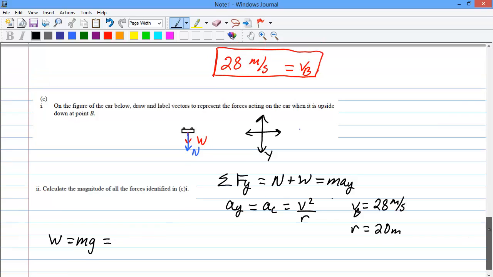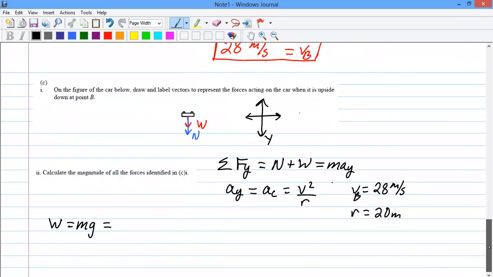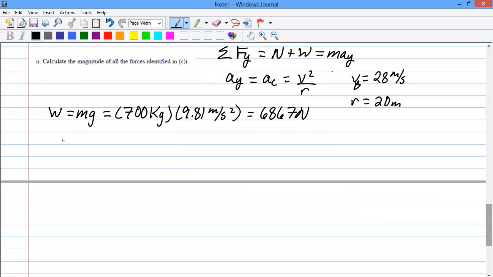So the mass of the car is 700 kilograms times 9.81 meters per second squared. Plugging that into the calculator, I get 6,867 newtons. So we can say that W is equal to 6,867 newtons.